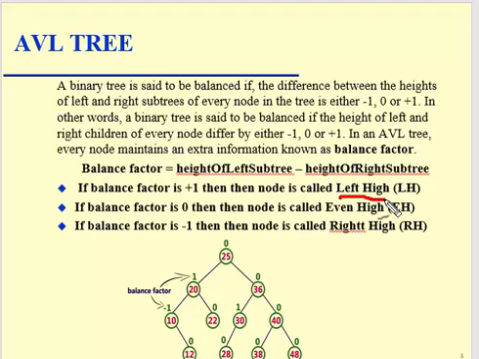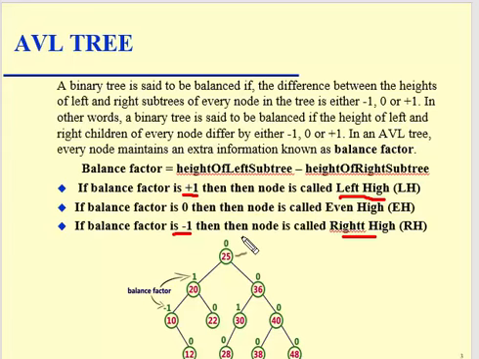That is acceptable in an AVL tree. And if the balance factor is minus 1, that is called right high, meaning the height of the right subtree is 1 more than the height of the left subtree. So balance factors of plus 1, 0 or minus 1 are acceptable.